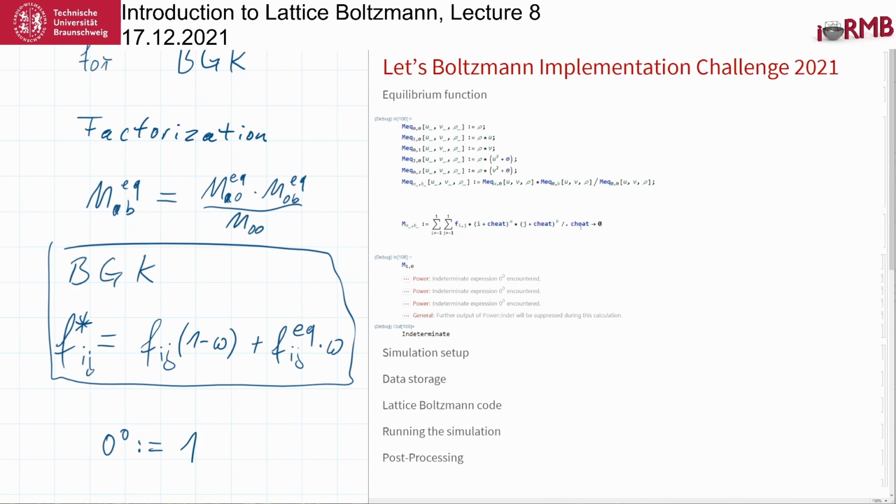But we can cheat our way out of this. So if you don't understand this, this is not so important. What we can do in Mathematica, because it's a computer algebra system, is do a substitution here. So this slash dot just means a substitution, and we say, okay, there is this cheat in here.